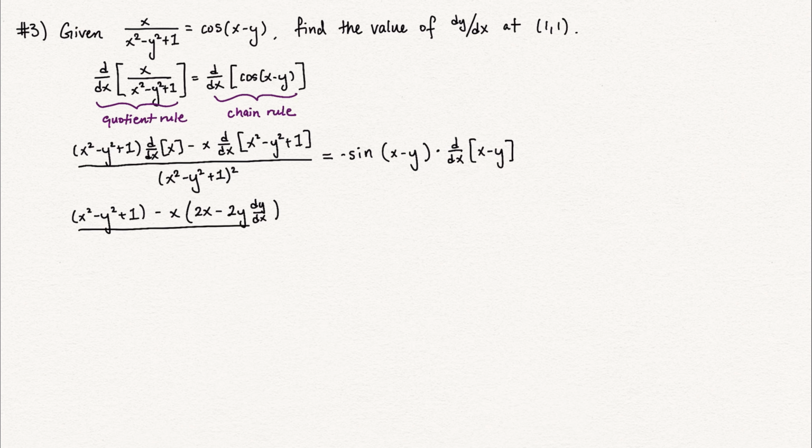And then all of this, again, will be over x squared minus y squared plus 1 all squared. And then the right-hand side, this will be negative sine times x minus y, and times the derivative of x is 1, and then the derivative of y is, well, dy dx.